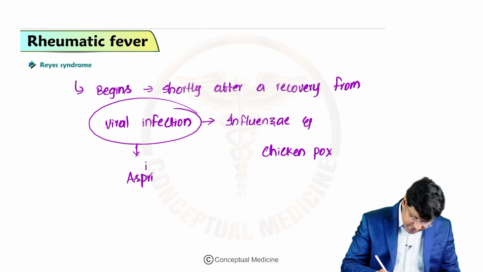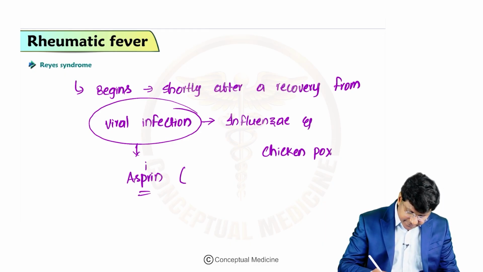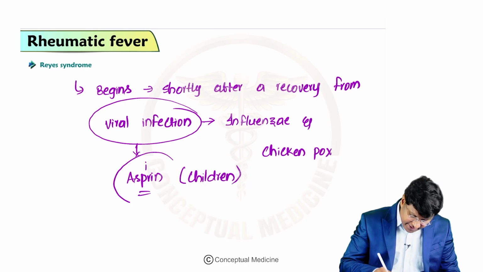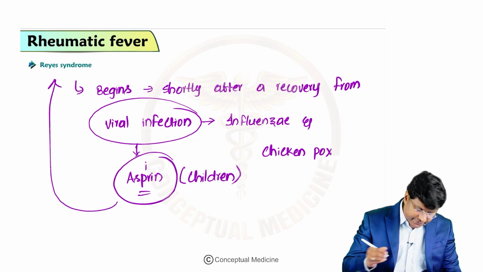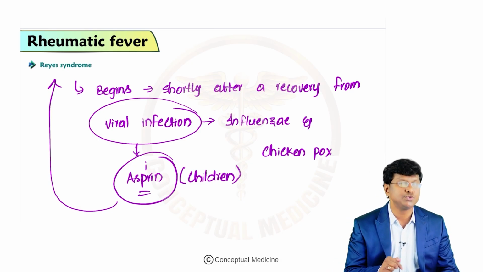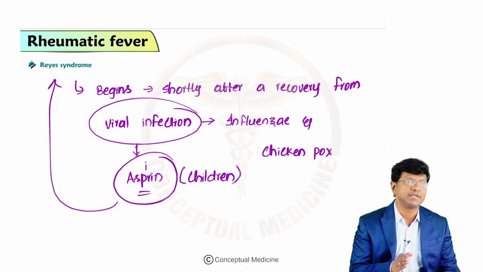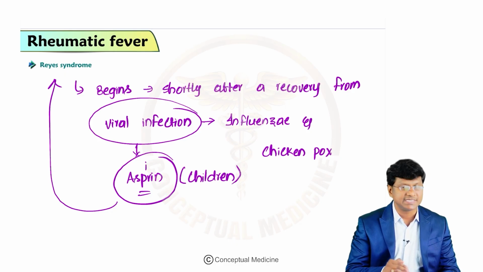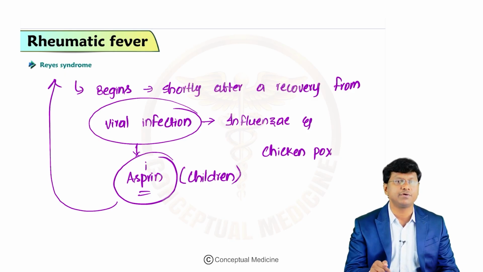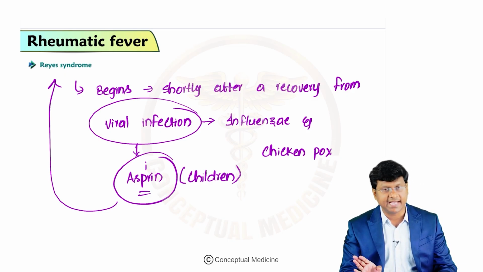The children have taken this aspirin, and after intake of aspirin, the individual has developed Reye's syndrome. Okay, when does this begin? It usually begins shortly after the recovery from viral infection such as influenza or chickenpox. And what is it that they have taken for the recovery of viral infection? That is the aspirin or the salicylate use. So that is about your Reye's syndrome.